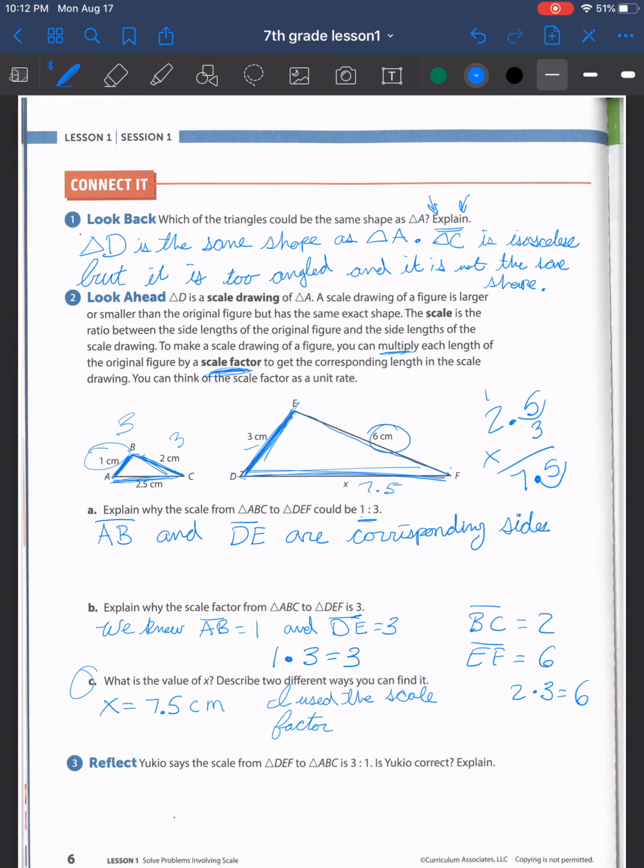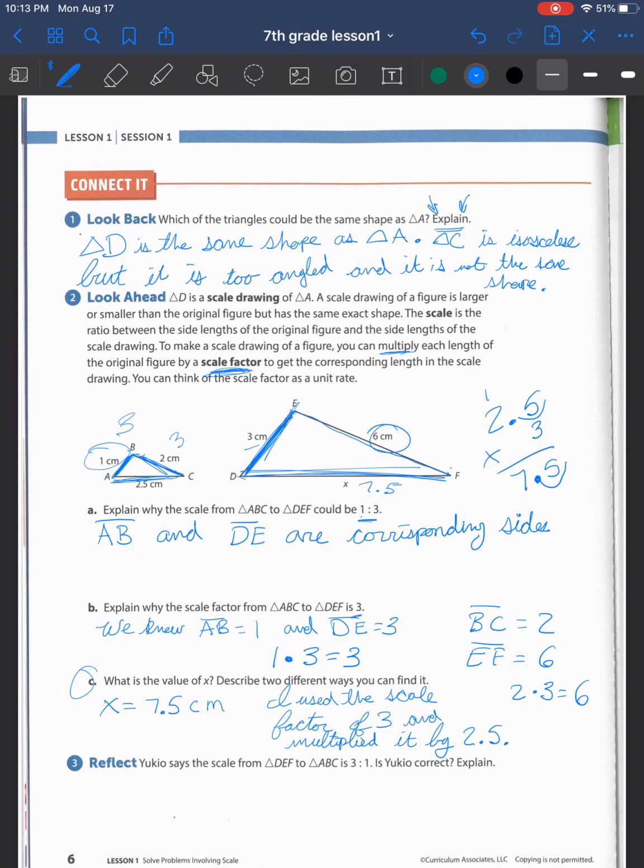I used the scale factor of 3 and multiplied it by 2.5. Okay, I'm not going to give you another way because I feel like this video is getting long, and so you can just give me one way as well.